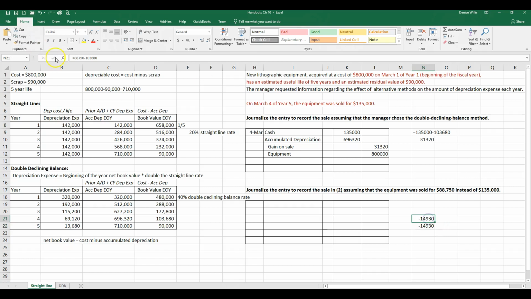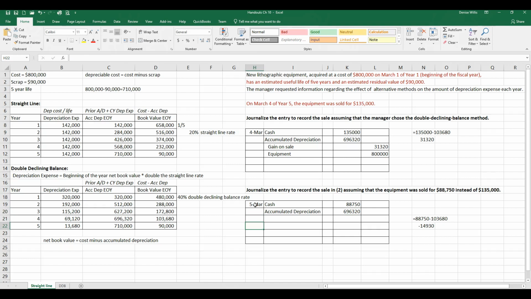Let's drop in the parts we know. We now have cash, and the cash is now $88,750. Our accumulated depreciation is the same, $696,320.